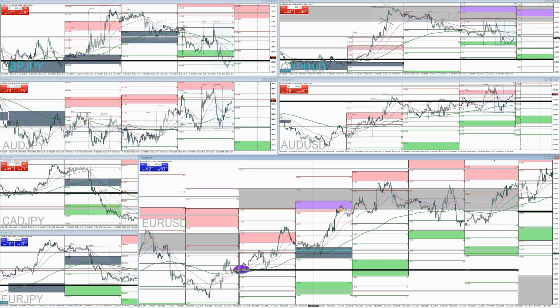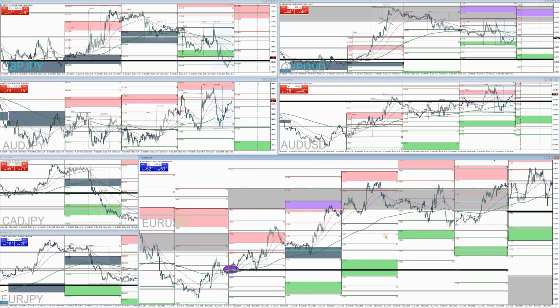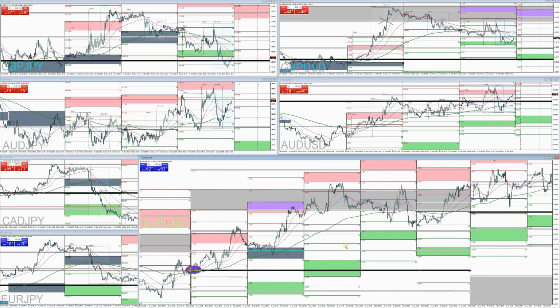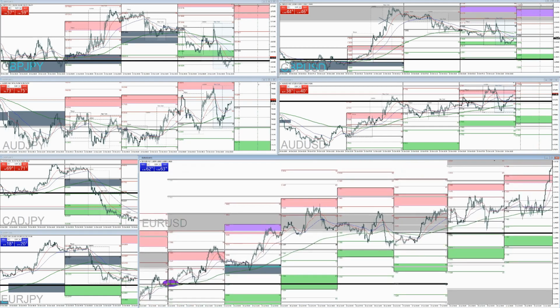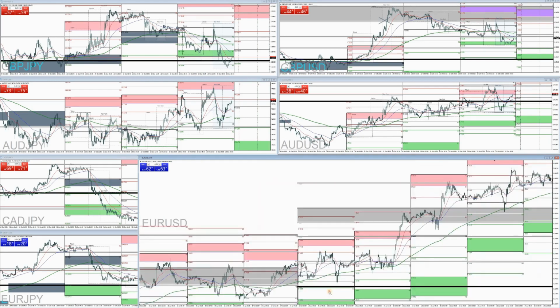If I was looking at the daily take profit zone, we wouldn't have gotten it until way down the line, at 171 pips. Because we reached weekly take profit zone, don't take any more trades next week.